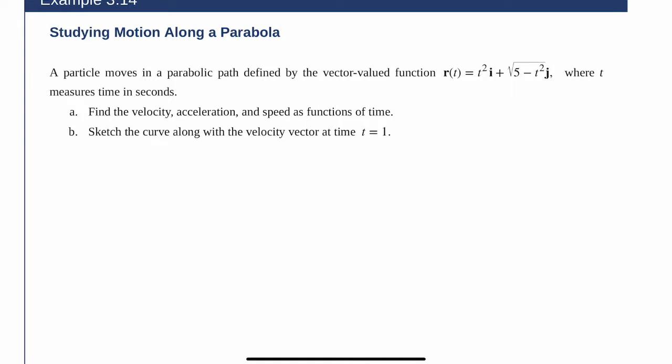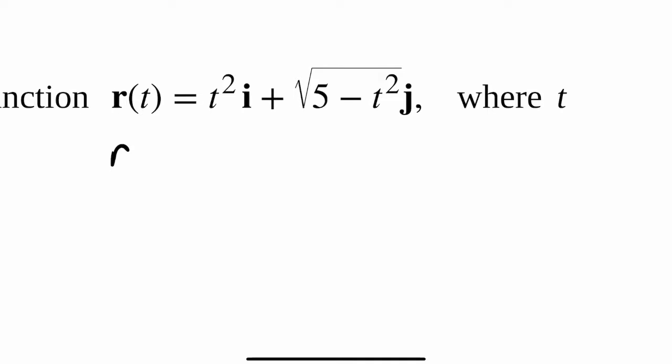Suppose a particle moves in a parabolic path defined by this vector valued function, where t measures the time in seconds. We want to find the velocity, acceleration, and speed as functions of time. And then we want to sketch the curve along with the velocity vector at time t equals 1. Let's start with finding the derivative of r.